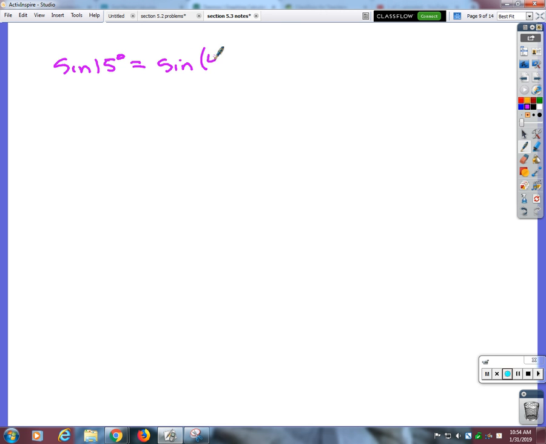So this would be the sine of 45 minus 30. According to that formula, that is the sine of the first one times the cosine of the second one, and minus stays minus, right? Cosine of the first one, sine of the second one.